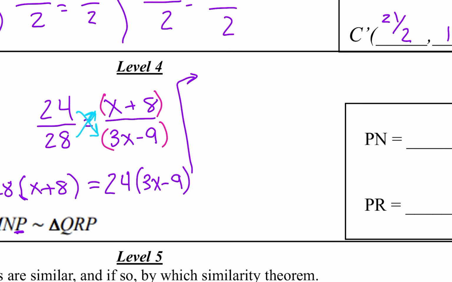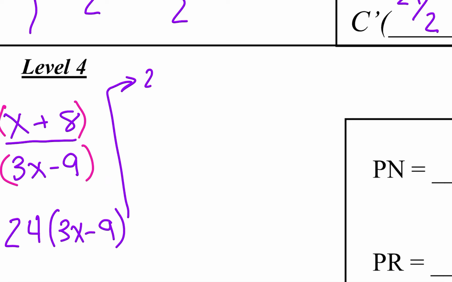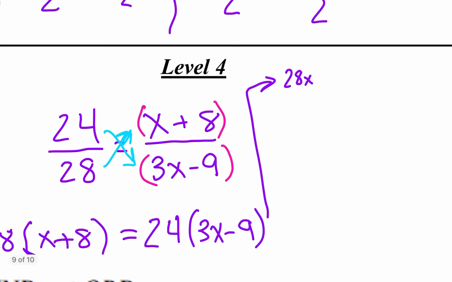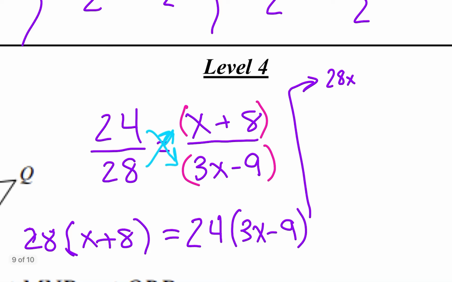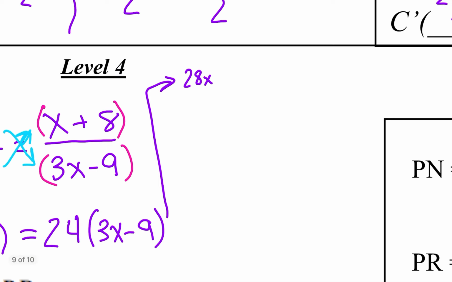Let me just kind of zoom in here. So 28 times x is going to be 28x. 28 times 8, pull out a calculator for that, that's a big number. 28 times 8 is going to give us 224, plus 224.